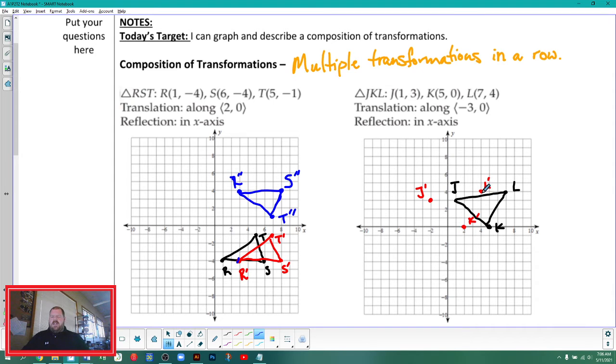So for my reflection, it's in the x-axis. L is 4 units away, so I will move 4 units the other way for L double prime. J is 3 units away, so I'll move 3 units the other way. Get J double prime. K is actually on the mirror.